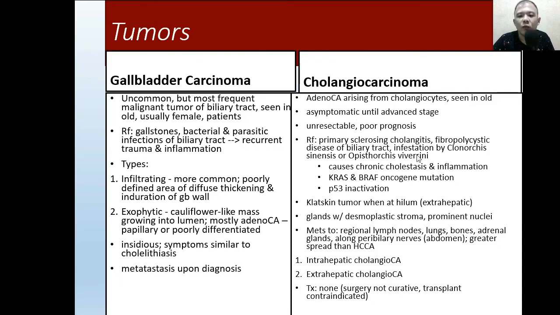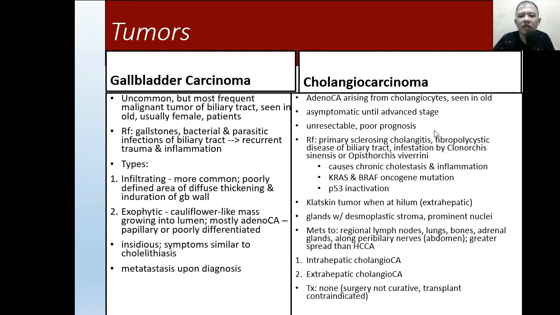And the causes of the chronic irritation are the following. You have primary sclerosing cholangitis. Remember before we mentioned the primary sclerosing cholangitis, the intraepithelial biliary neoplasia, okay, which is pre-malignant. So the malignant form here is the cholangiocarcinoma.